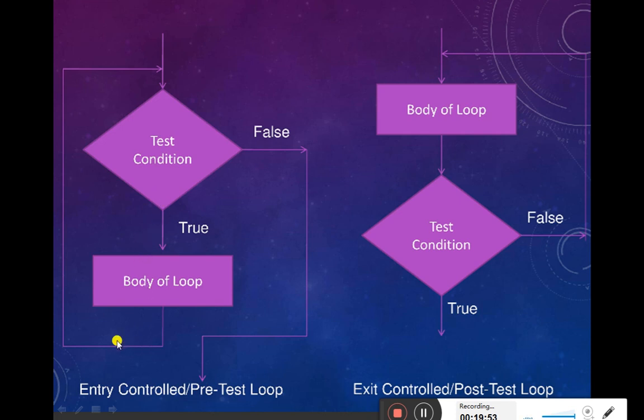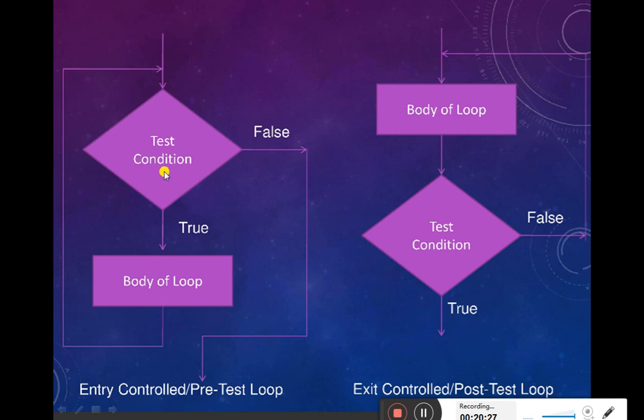So if the condition test is done at the beginning, you can see in the flow chart, we first do the condition test. If the condition test is true, we execute the body of the loop and go back for the condition test again. And the condition test should ultimately go towards false. At some point of time, the condition test should become false to stop the looping. Otherwise, it may enter into an infinite loop.